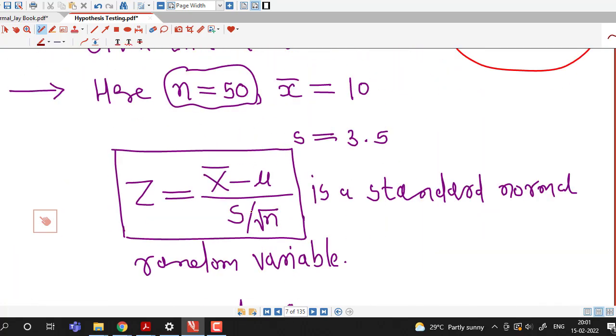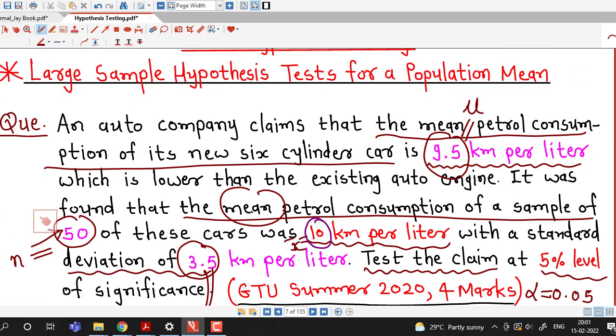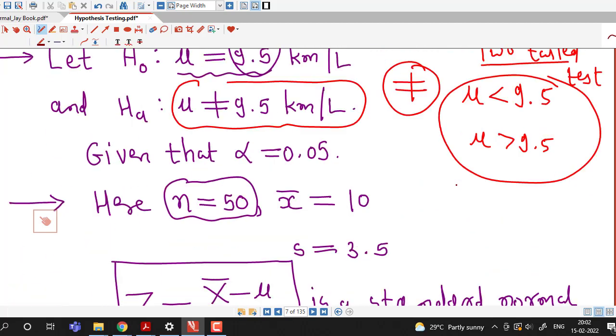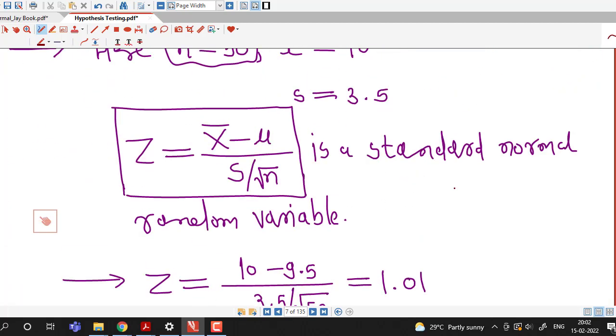So here the claim of the company was that the mean petrol consumption of its new 6-cylinder car is 9.5 km per liter, and using this hypothesis testing we have tested the claim of the company, and we can say that the claim of the company cannot be rejected, or the null hypothesis cannot be rejected.